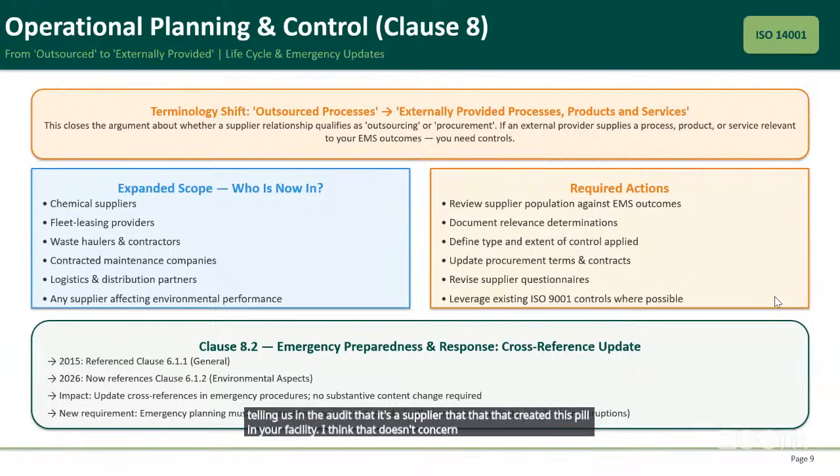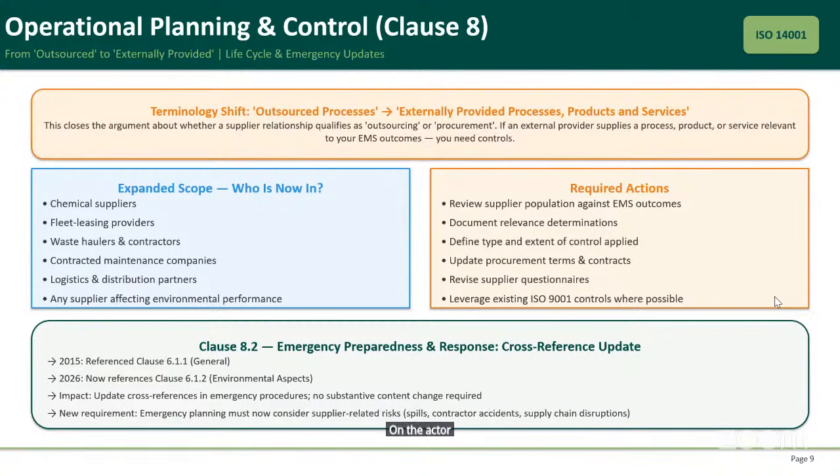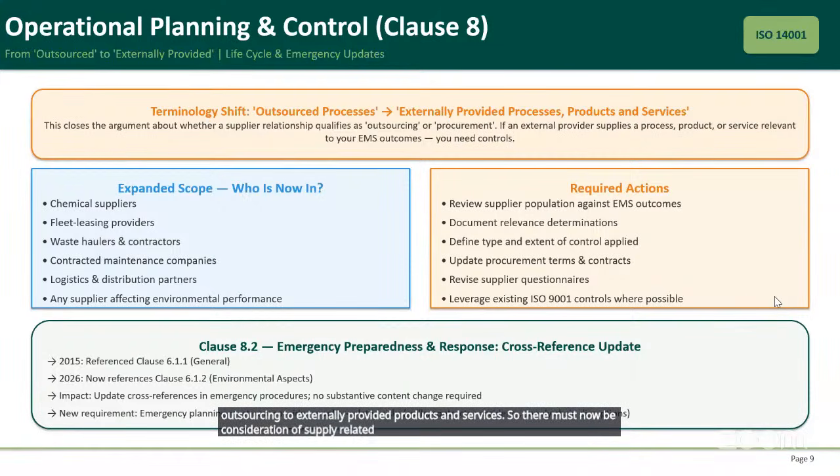If a fire happened on their truck while they are discharging, which company will it burn? That is why we need to change the understanding from just outsourcing to externally provided products and services. So there must now be consideration of supply-related risk from your supplier: spills, contractor accidents, supply chain disruption.